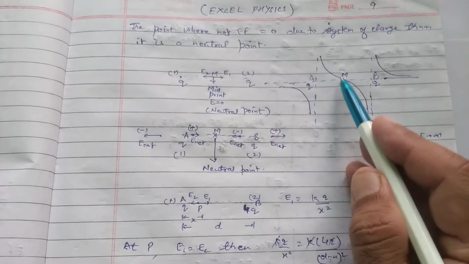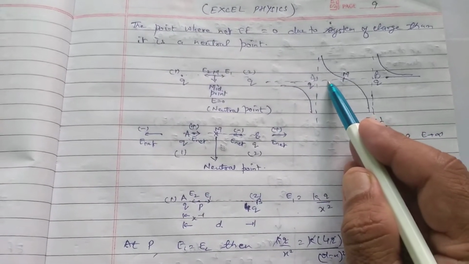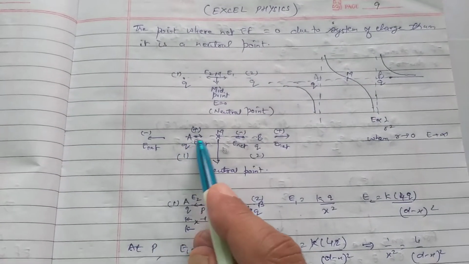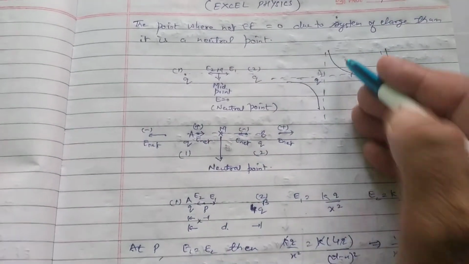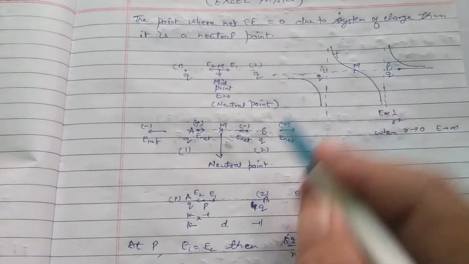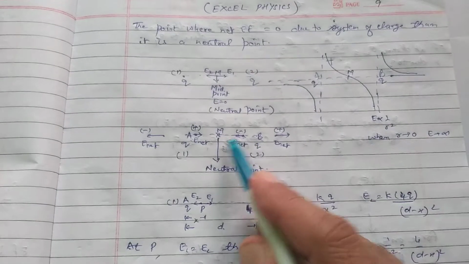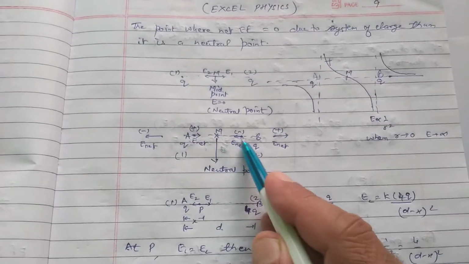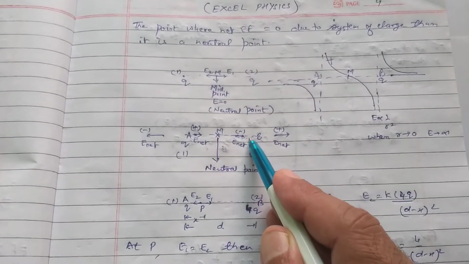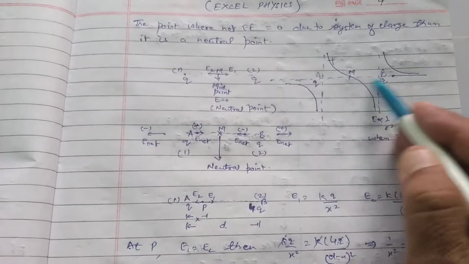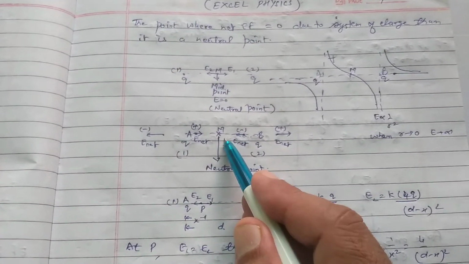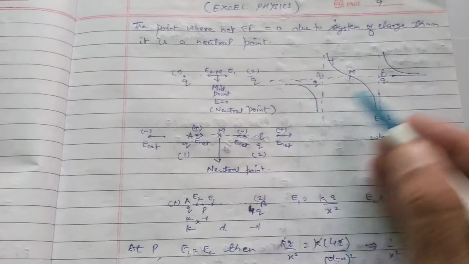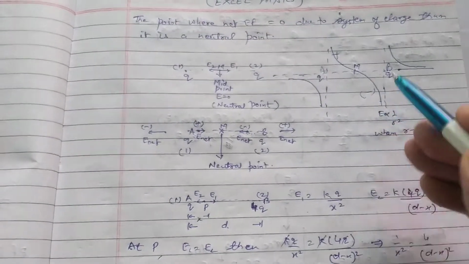But when the point is in this region, the net electric field is in this direction, so this is the positive region. Similarly, if the point lies in this region, the net electric field is in this direction, meaning negative. So this is the negative region.